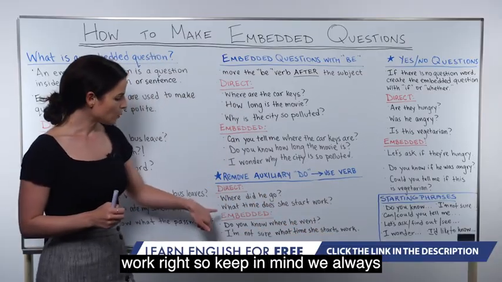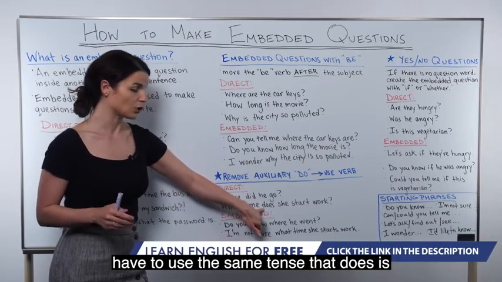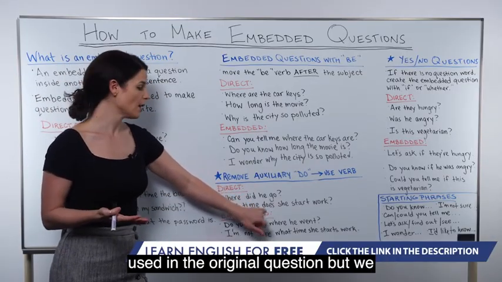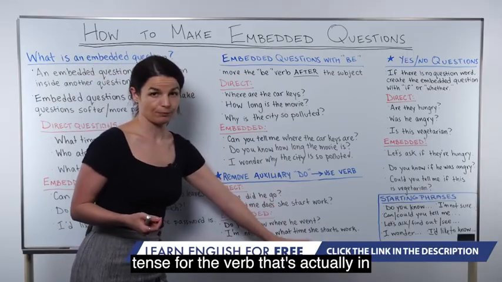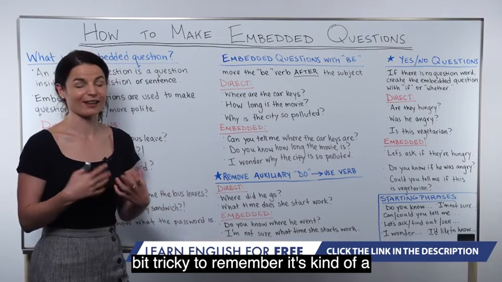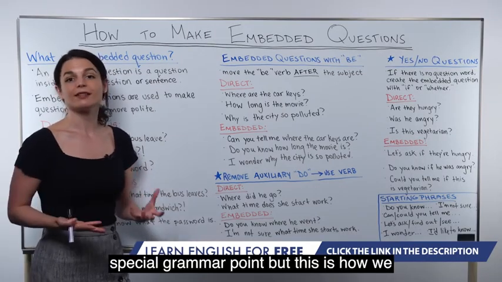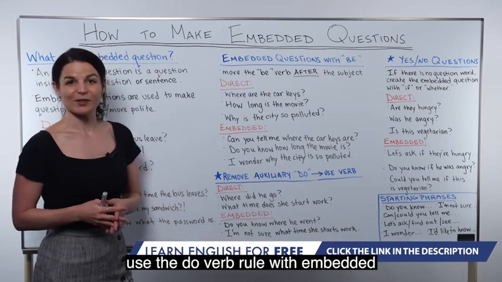So keep in mind, we always have to use the same tense that does is used in the original question, but we have to remove that does and use that tense for the verb that's actually in the sentence. So this one can be a little bit tricky to remember. It's kind of a special grammar point, but this is how we use the do verb rule with embedded questions.